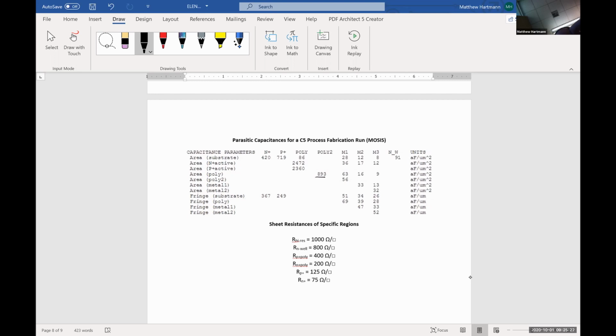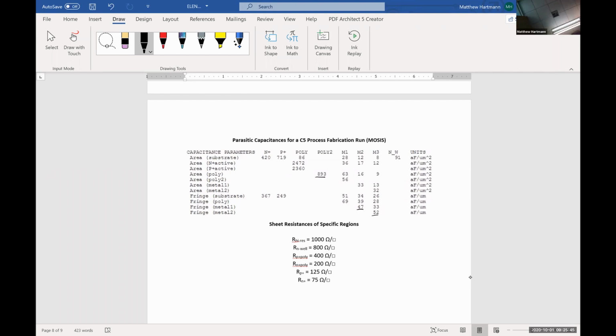And there is some information regarding fringe capacitances between metal 2 and metal 1, as well as, oh, that's poly and metal 2. So metal 2 and metal 1 here, and metal 2 and metal 3 here.